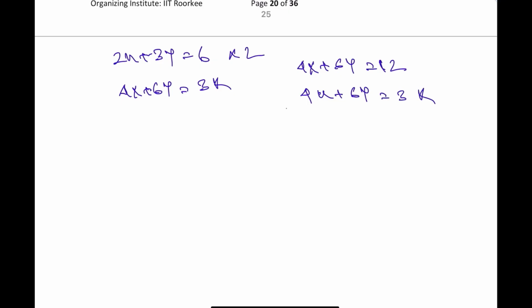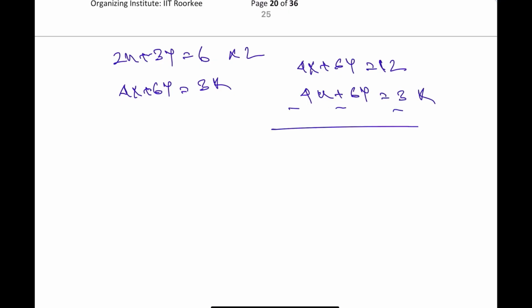So you can easily do that. First we will multiply the first equation by 2, so we will get 4x plus 6y is equal to 12, and below it we have 4x plus 6y is equal to 3k.